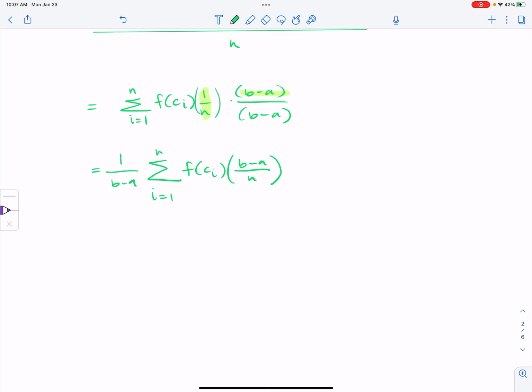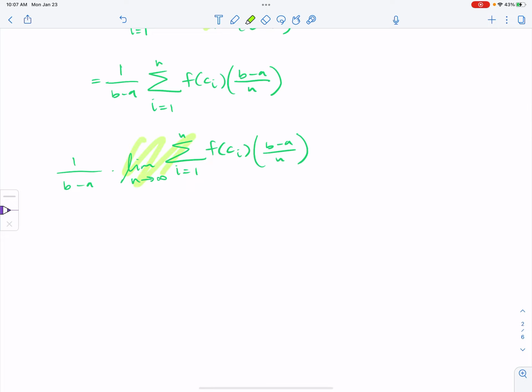So now if we think about taking the limit of this sum, we would have 1 over b minus a times the limit as n approaches infinity of the sum from 1 to n of f of c sub i times b minus a over n.